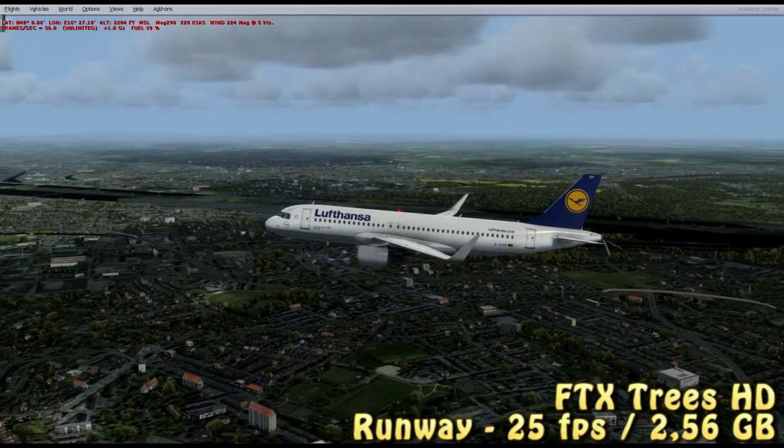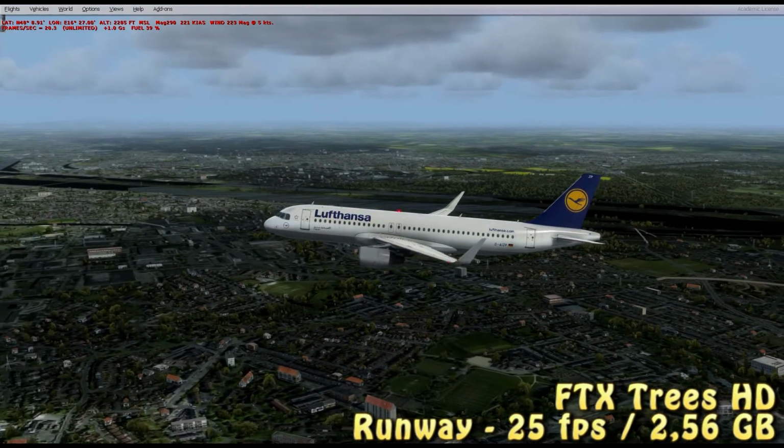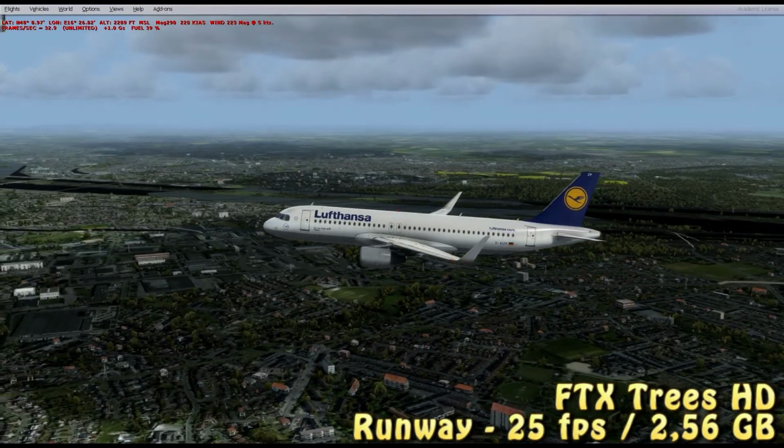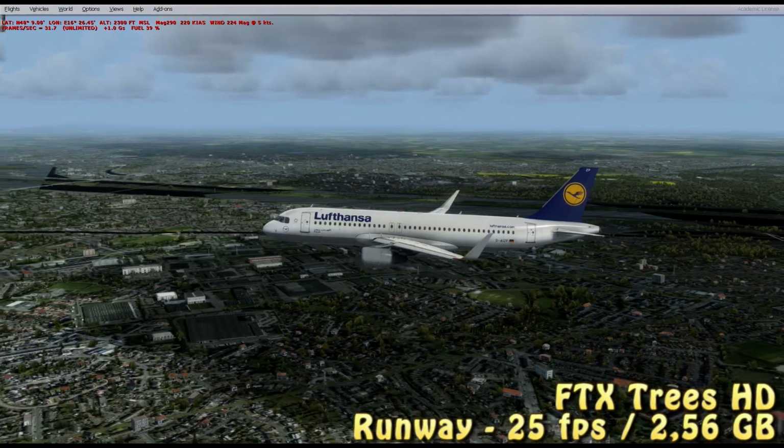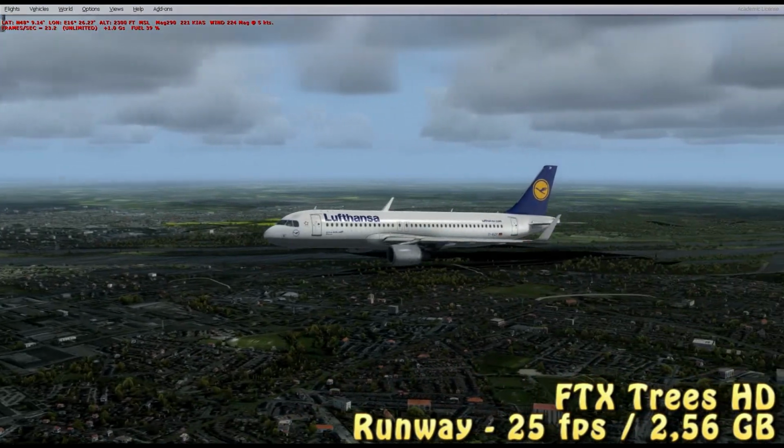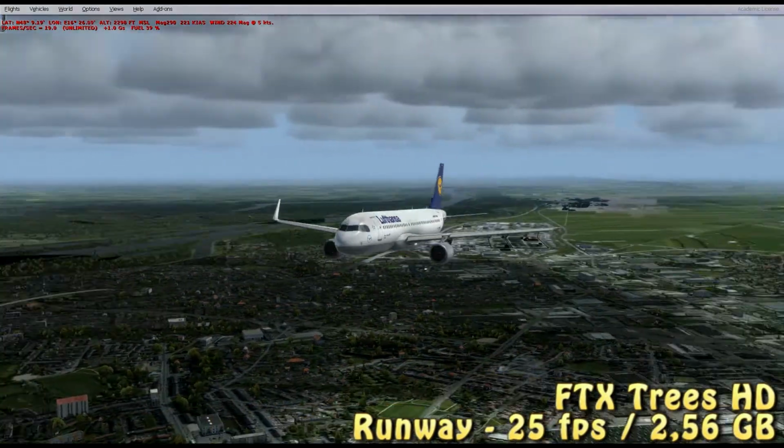But what bothers me personally is also the increase in VAS usage, which is around 100 megabytes. That's not much, I have to agree.